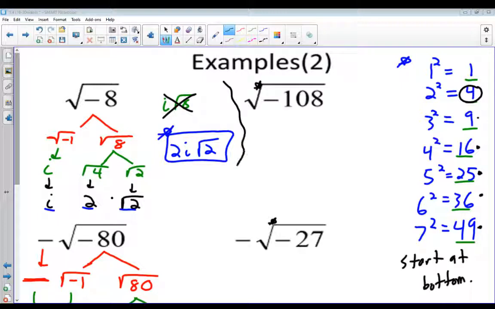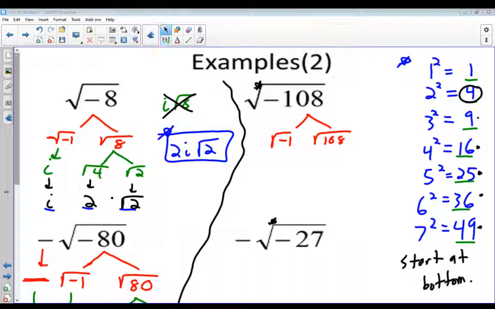Just going to draw a line here to separate the two parts. So first, let's split this one. Square root of negative 1 times 108. So square root of negative 1 will just become I, but the 108 is not a perfect root, so we're going to have to split that one.